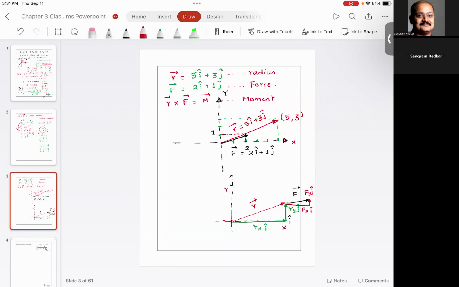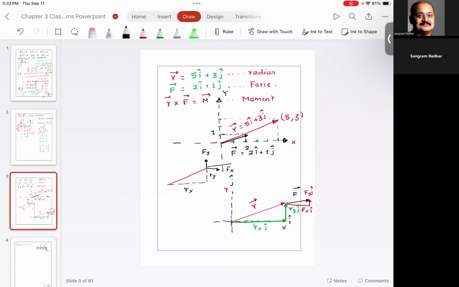What I have now is this force resolved into two components, and this radius resolved. So now I have Rx, Fy, and I have Ry, Fx. Are you with me? Rx is perpendicular to Fy, Ry is perpendicular to Fx. Do you agree with me?